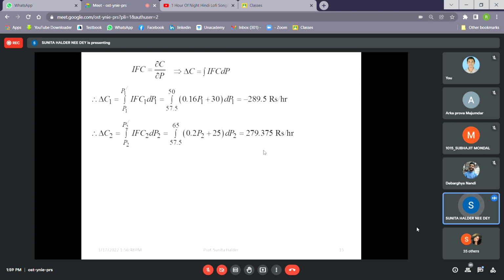But overall, the total plant cost is reducing, because the summation of 279 plus minus 289 is minus 10. So minus 10 is a reduction, a saving.